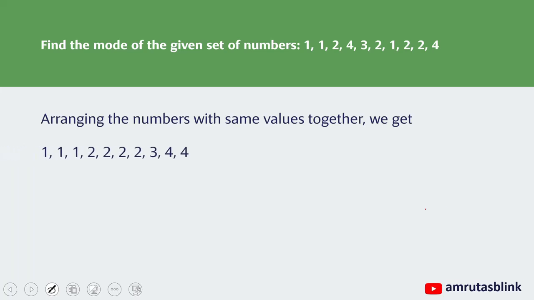Now, 2 has occurred 4 times in the data. 3 has occurred only once and 4 has occurred 2 times. So, as 2 has occurred 4 times, 2 has the maximum frequency, which is equal to 4, and hence 2 is the mode of this data.